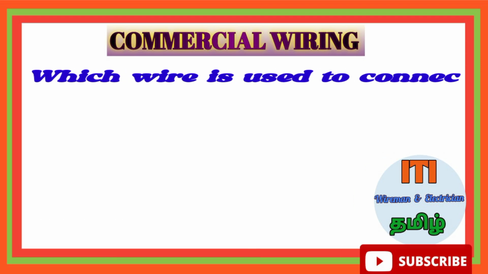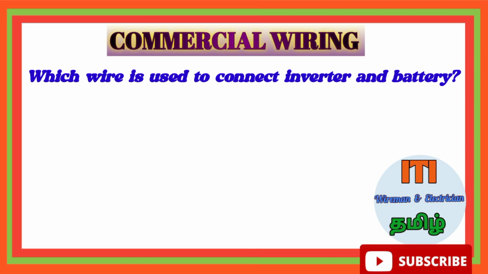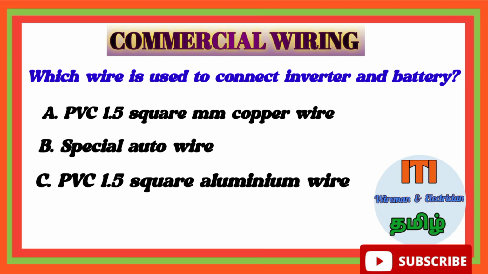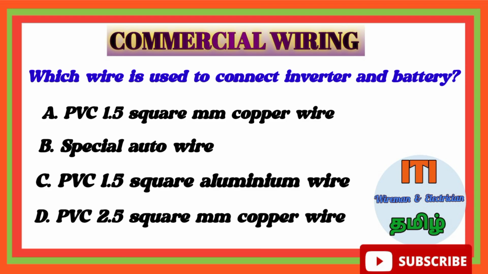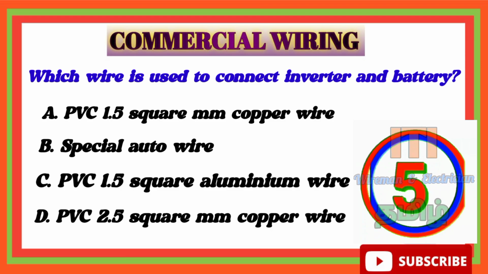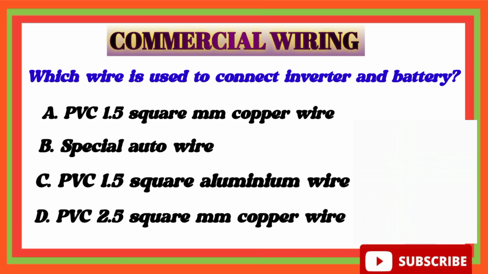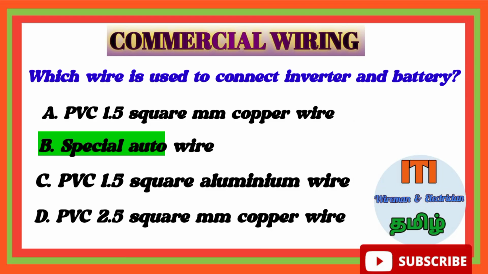Which wire is used to connect inverter and battery? Option A, PVC 1.5 square mm copper wire. Option B, special auto wire. Option C, PVC 1.5 square mm aluminum wire. Option D, PVC 2.5 square mm copper wire. Answer: option B, special auto wire.